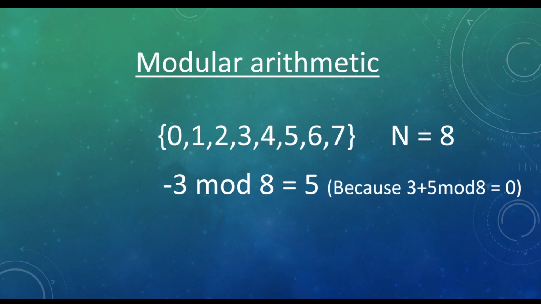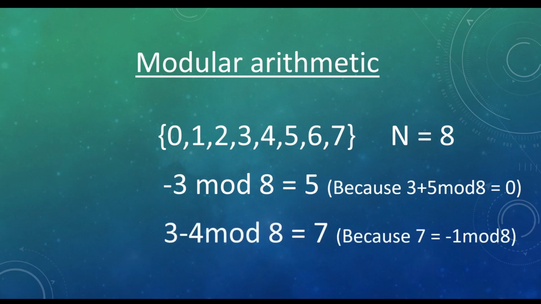The negative of a number is defined as the number that when added to the original number yields a 0. And therefore minus 3 mod 8 equals 5, because 3 plus 5 equals 8, mod 8 equals 0. 3 minus 4 equals 7, because 3 minus 4 equals minus 1, and minus 1 mod 8 is 7, because if you add 7 and 1, you get a 0 in this system.